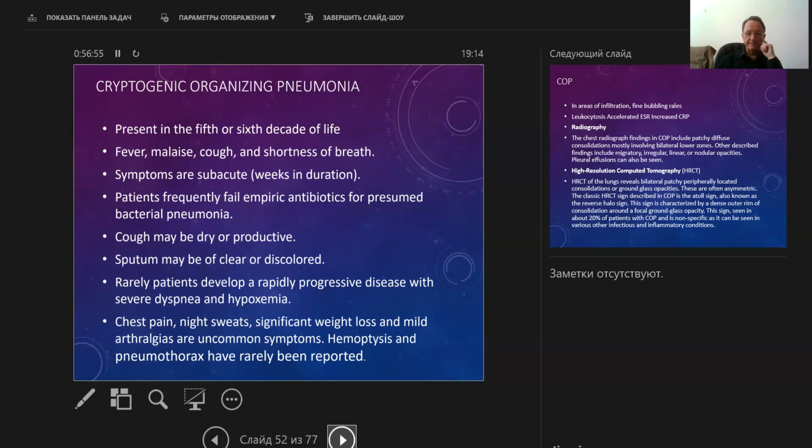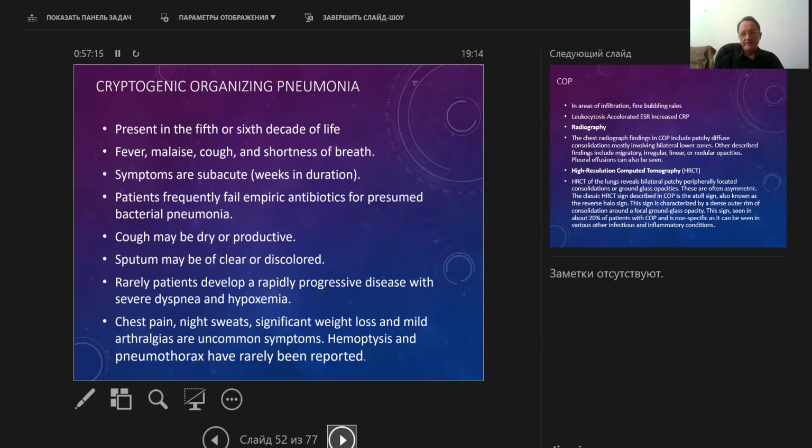Clinically, cryptogenic organizing pneumonia presents in the fifth or sixth decade of life and is accompanied by fever, malaise, cough, and shortness of breath. Often symptoms are subacute, weeks in duration.